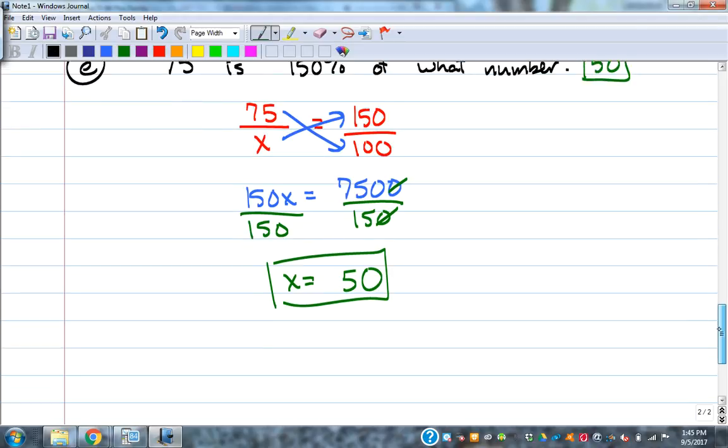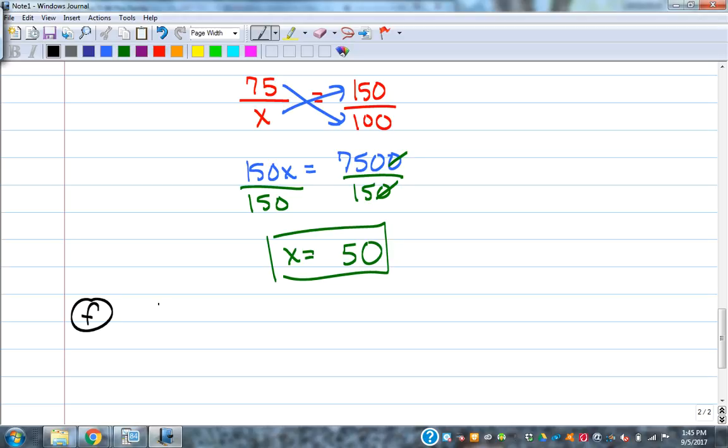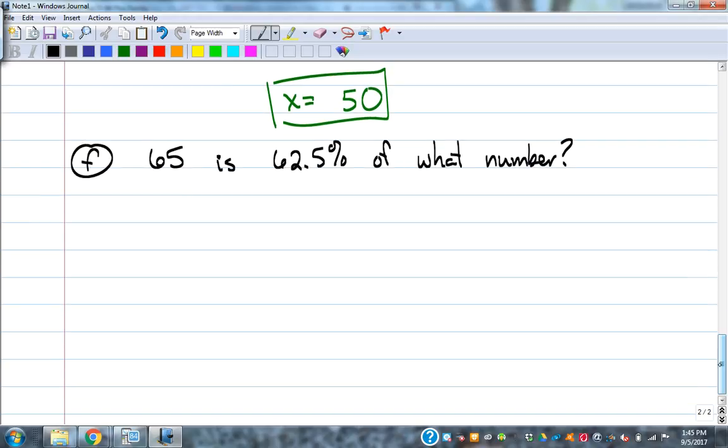Let's do this one. 65 is 62.5% of what number? Set up on this one. 65 over x.